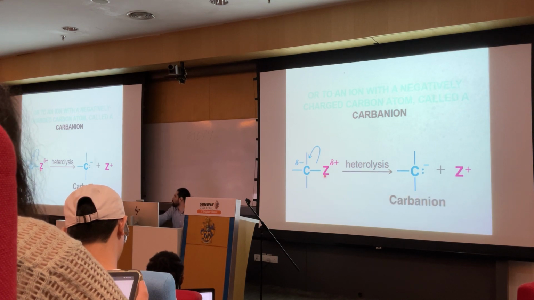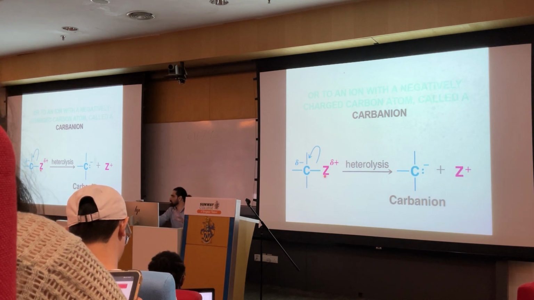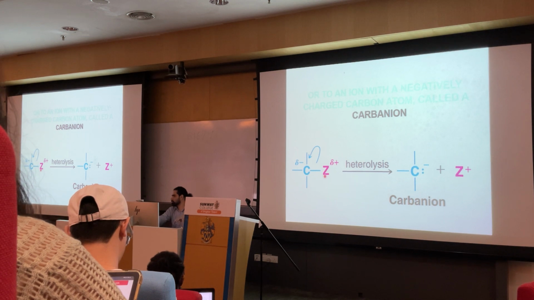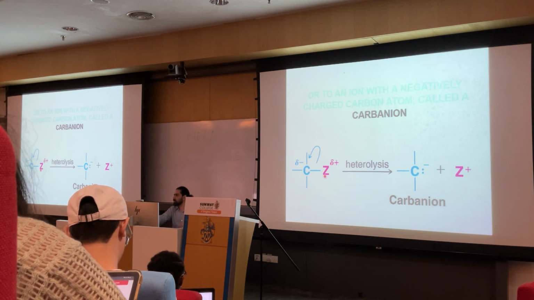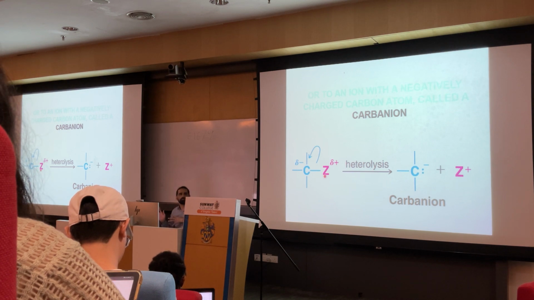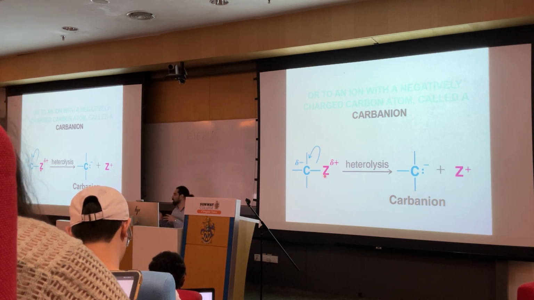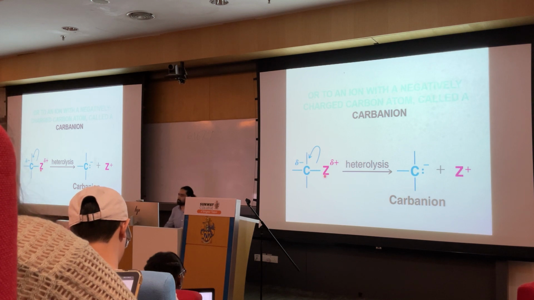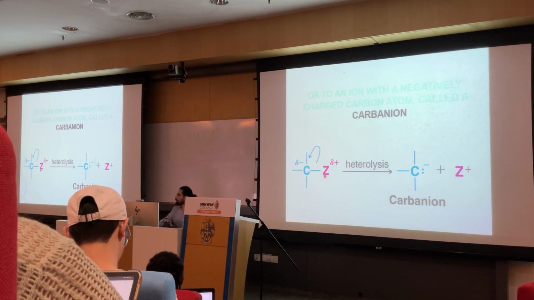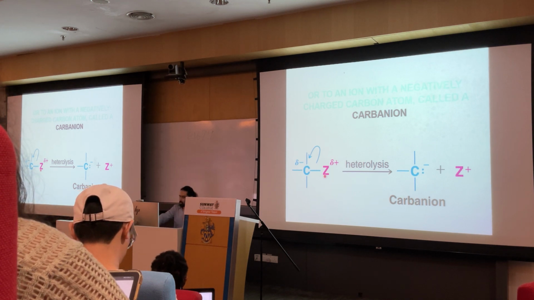This is also quite common, not for the sake of our syllabus, but generally speaking. For our syllabus, carbocation is the most important intermediate of carbon, but carbanion is quite common in many reactions as well.